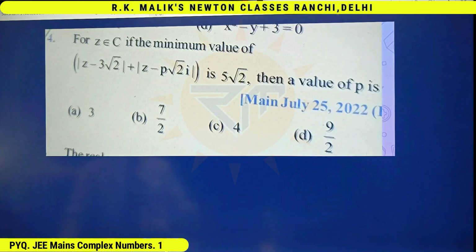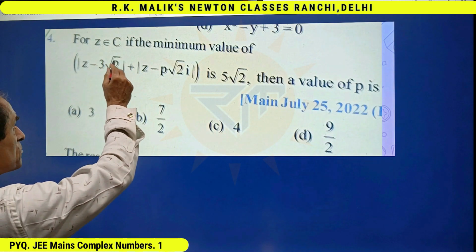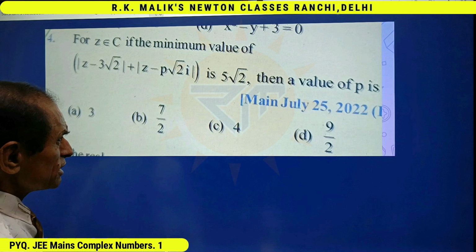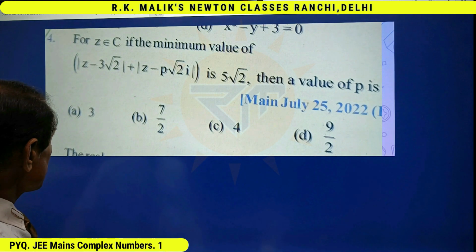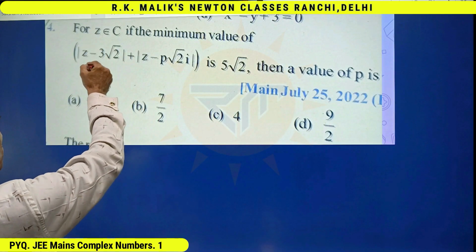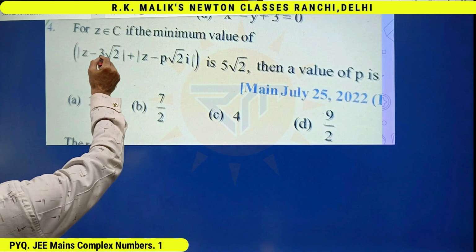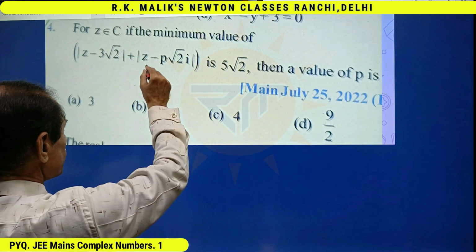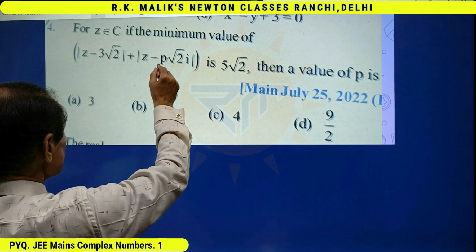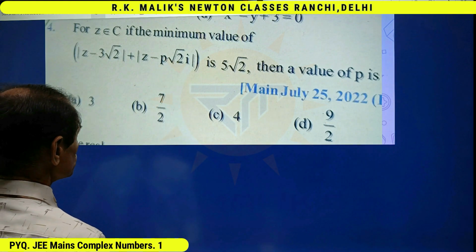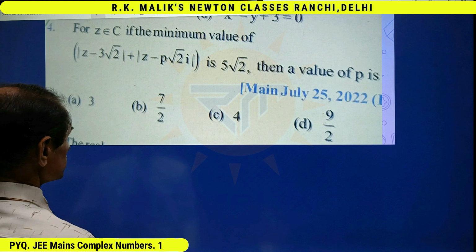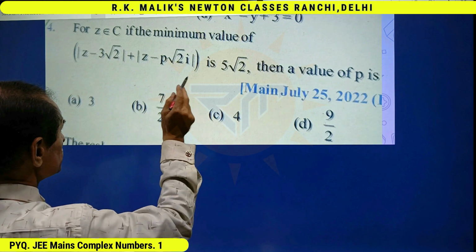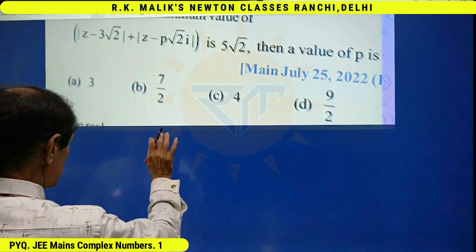In this question, he is saying if z is a complex number and if the minimum value of this is 5 root 2, then the value of p is. Clearly, this represents the distance of z from 3 root 2. This represents the distance of z from the point 0, p root 2, that is on the y-axis. And minimum distance between them is 5 root 2.